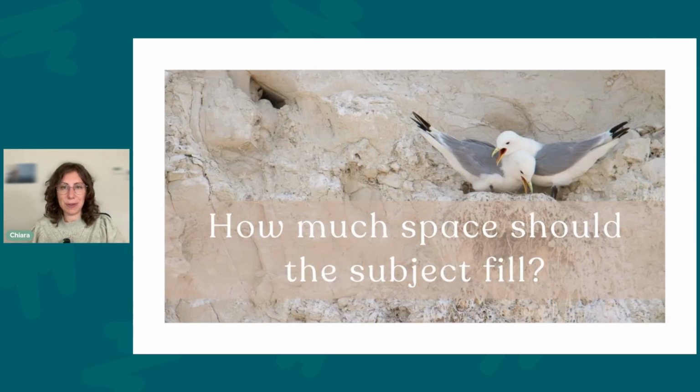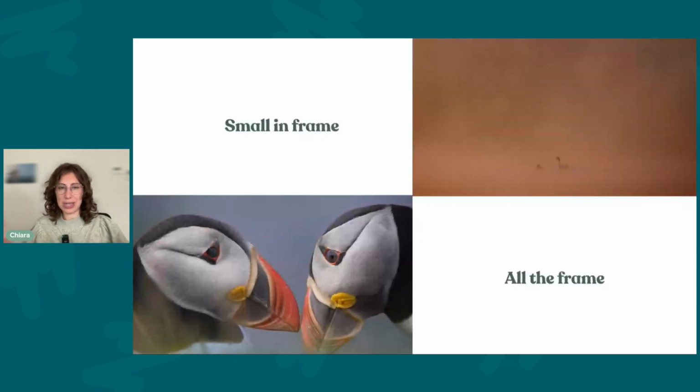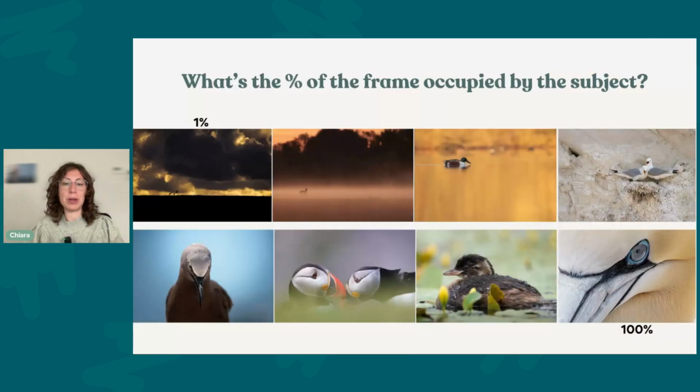So we have identified our subject, and now it's time to decide how much space we want the subject to fill in the frame. There are two major types of photos. The small in frame, where the subject, as the name suggests, occupies a very small proportion of the frame. And then we have the fill the frame, where, on the other hand, the subject is really large, so it occupies a high percentage of the frame. Obviously, these are just two examples, but in reality, we have a whole spectrum.